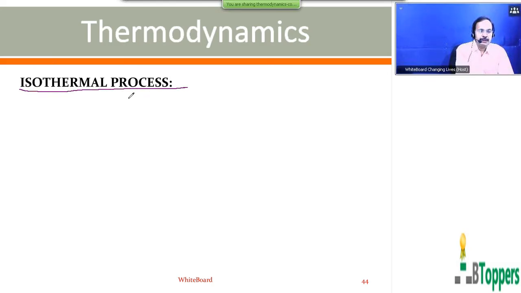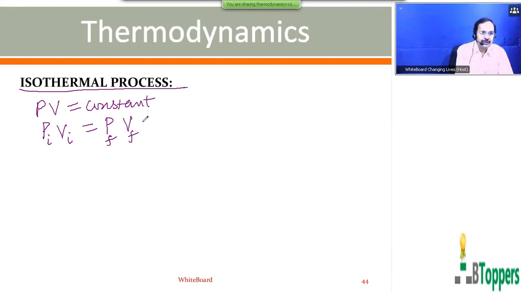So Boyle's law is applicable for a fixed mass of an ideal gas in an isothermal process. That is, the product of pressure and volume remains constant. So the product of initial pressure and initial volume is equal to the product of final pressure and final volume. That you can write as nu RT, where nu is the quantity of the gas expressed in moles, capital R is the molar gas constant, capital T is the absolute temperature of the gas.